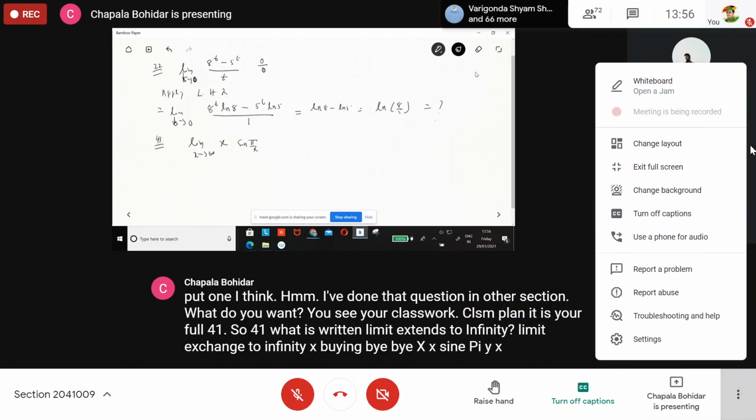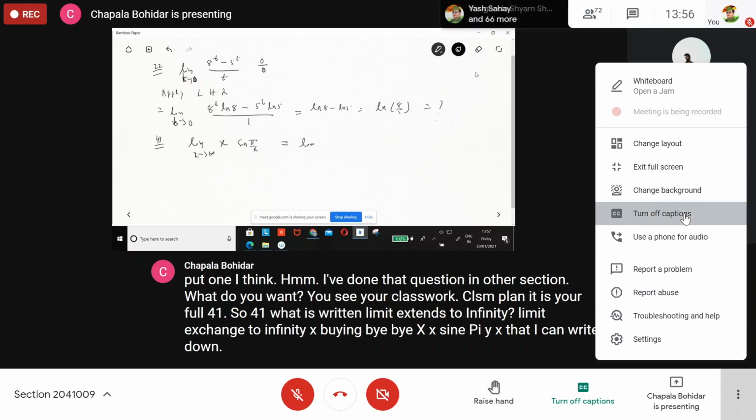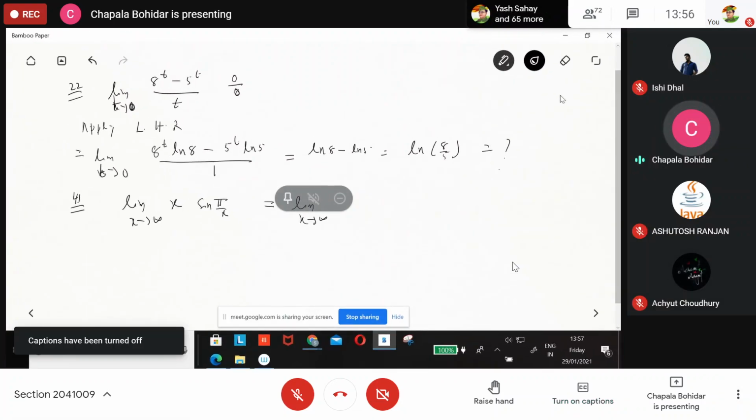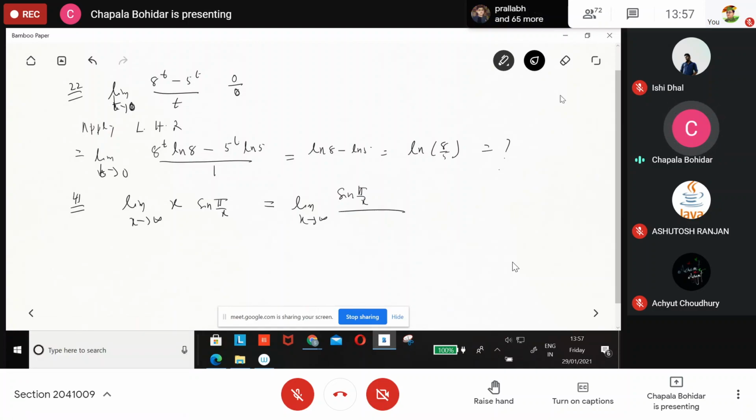That I can write down as limit x tends to infinity of sine pi by x divided by 1 by x. It is in which form? Yes, it is 0 by 0 form. Clear?